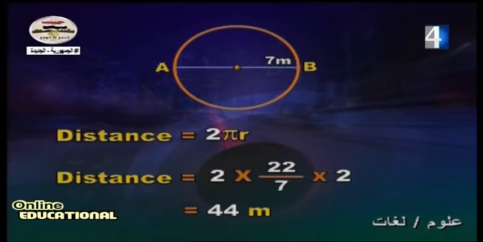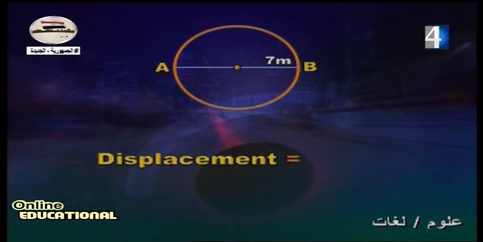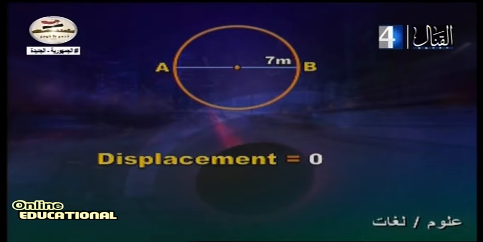We will study the displacement. If an object starts from A, then returns back to the start point again, from A to A, the start point is the same as the end point. The displacement in this case equals 0. So we can define when the displacement of an object equals 0.